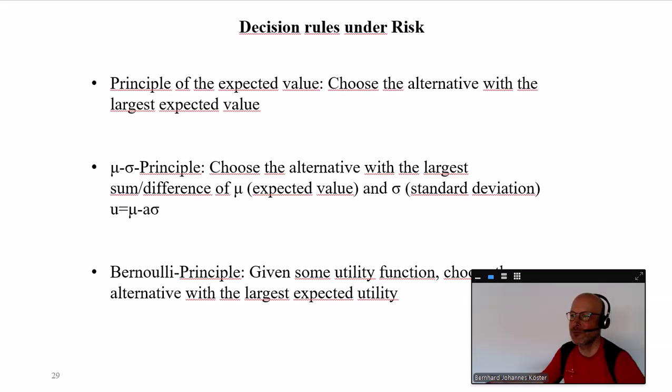Similar to the Laplace rule, if we would assume that every scenario has the same probability to occur, then averaging everything would be just the expected value. And of course, if we know the probabilities of occurrence, then one decision rule could be, well, I just choose the alternative with the largest expected value.